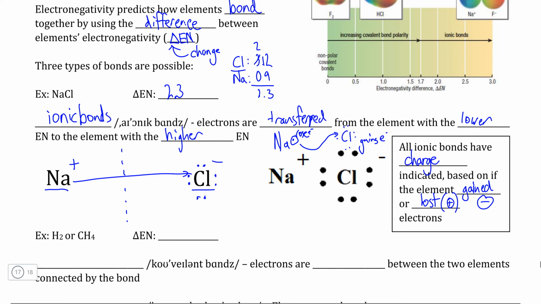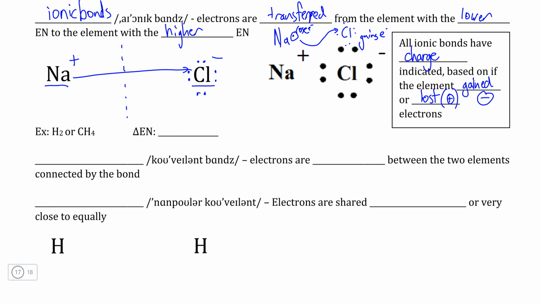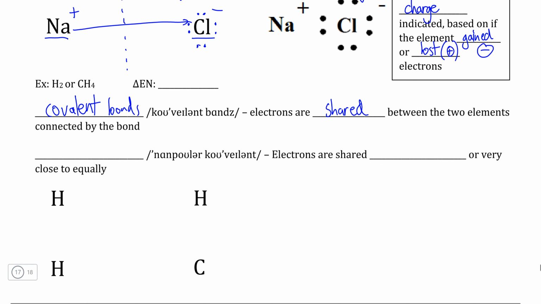Now, technically, we can look at this movement of electrons even in bonds that are not ionic bonds. And of course, you remember from Science 10 that when electrons are shared between the two elements that form the bond, they form covalent bonds instead of ionic bonds. What we're going to do is start with the simplest example of a covalent bond, the bond between hydrogen gas.